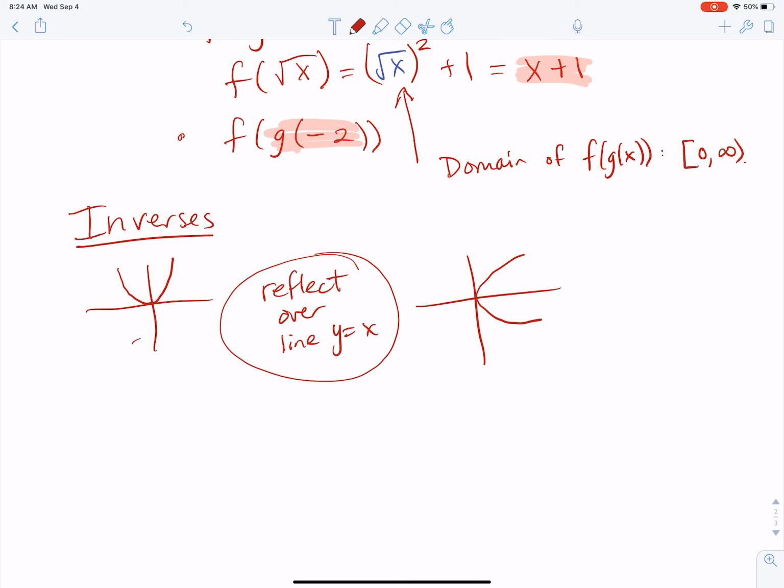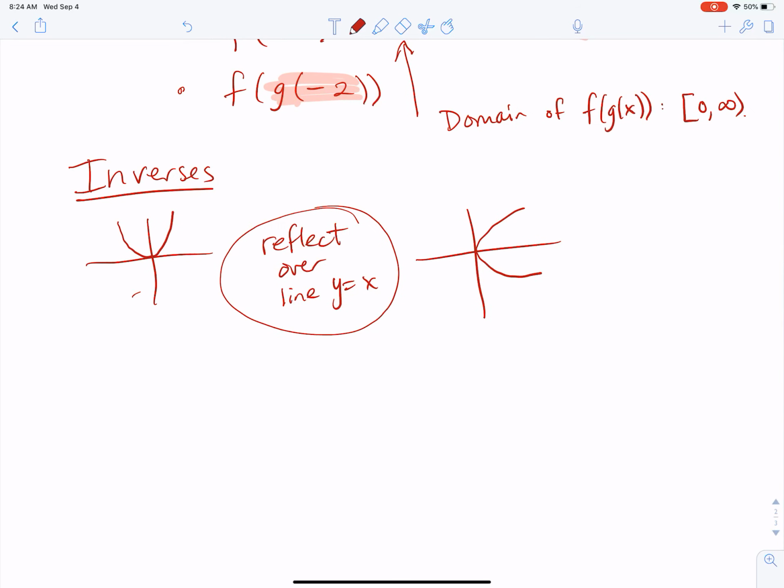If you have the function as an actual equation and you need to find the inverse, the key idea, because of this reflection over the line y equals x, is that the x and y are switched.